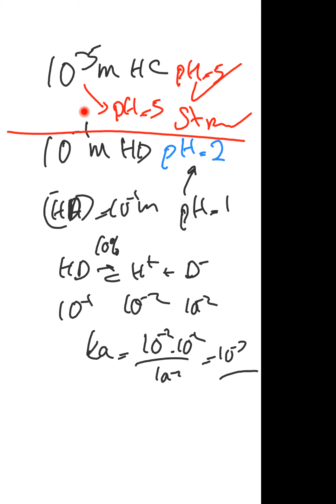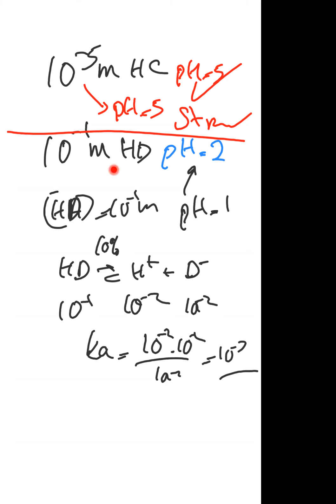You can't say a correct answer just by looking at the pH values of acids and bases. You have to check whether everything is all right. For the case of HC, this is a normal case because it has the concentration of 10 to minus 5 and pH should be 5 accordingly.